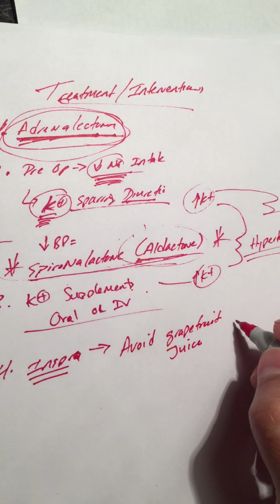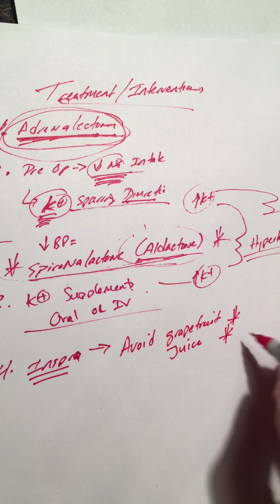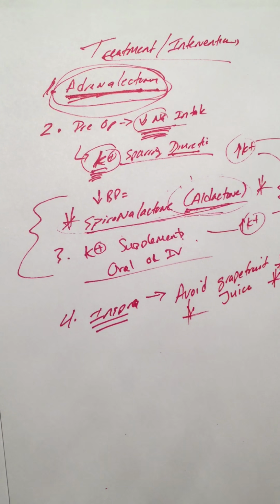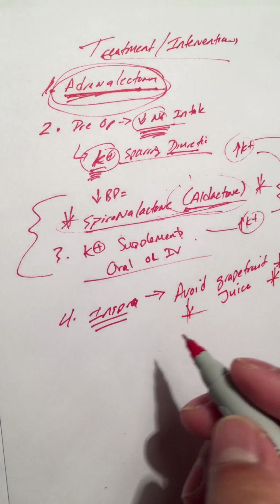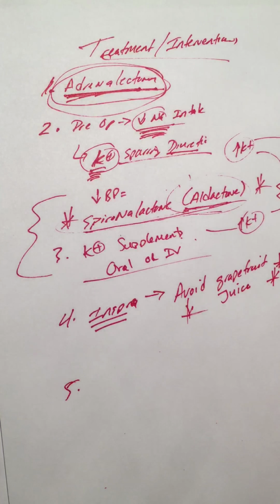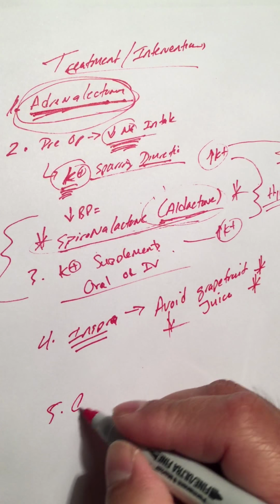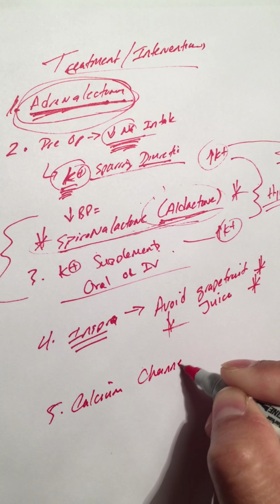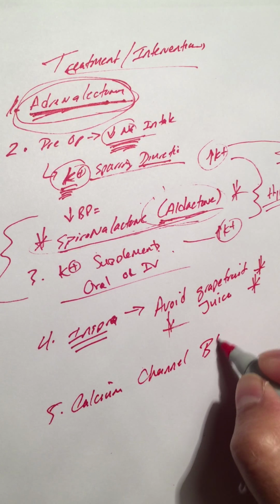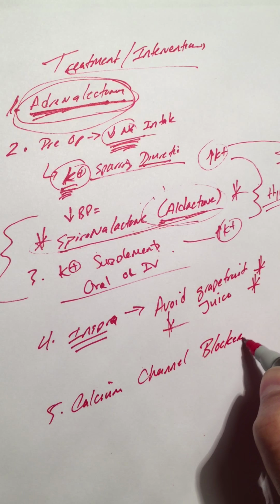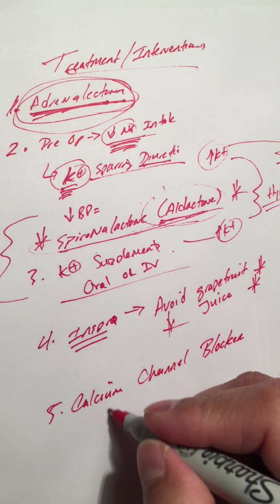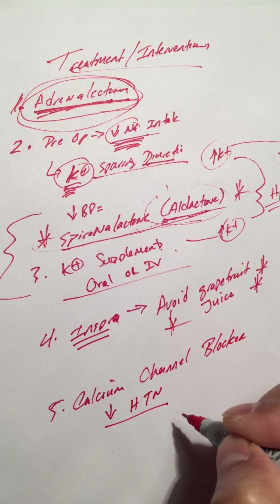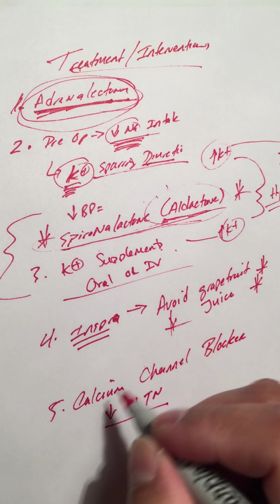That is very important. Now, these patients may be given something like a calcium channel blocker. Now, the reason for that is to bring down the blood pressure or to decrease hypertension.